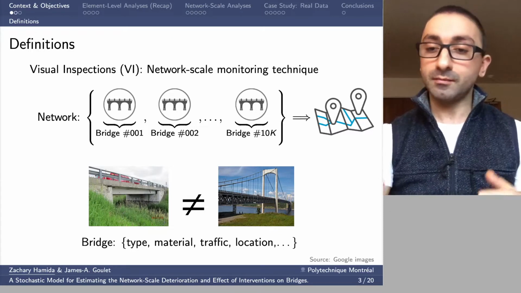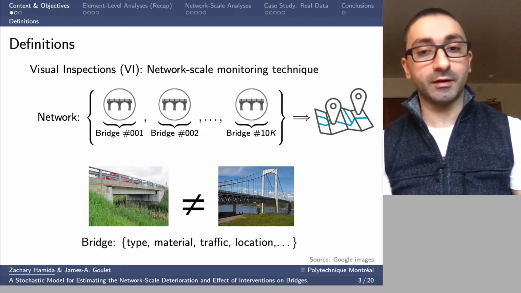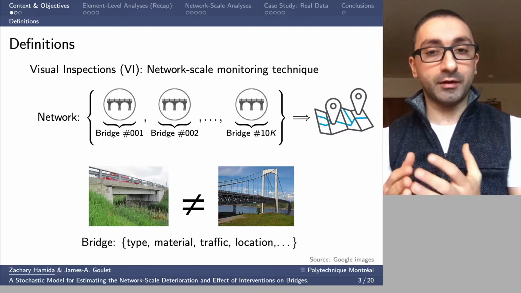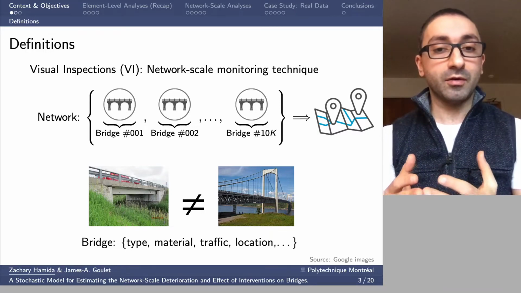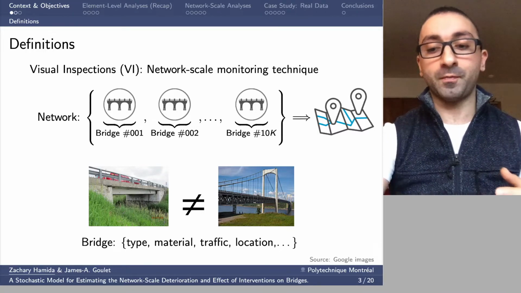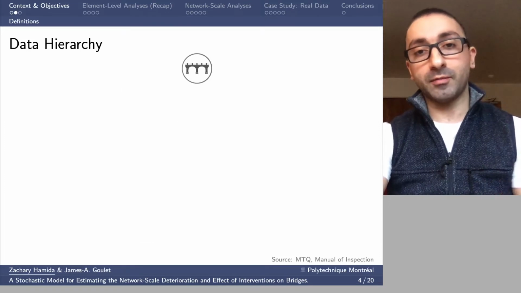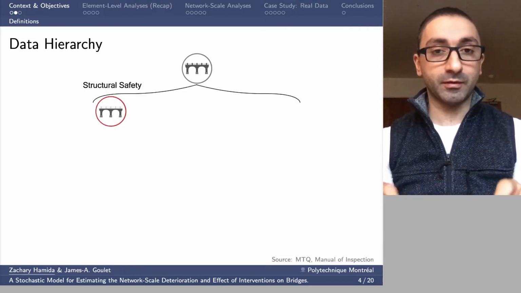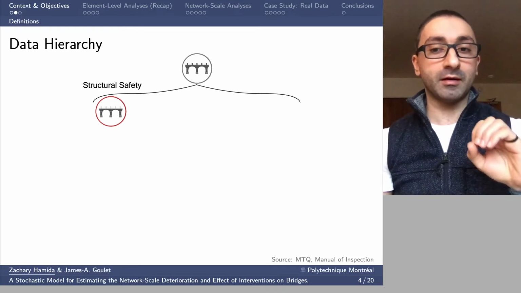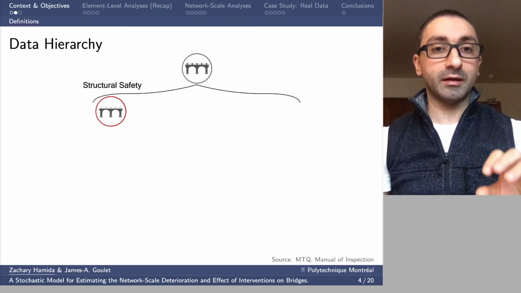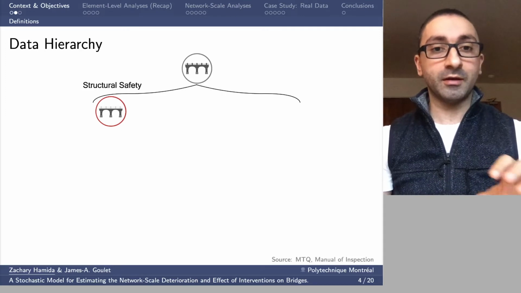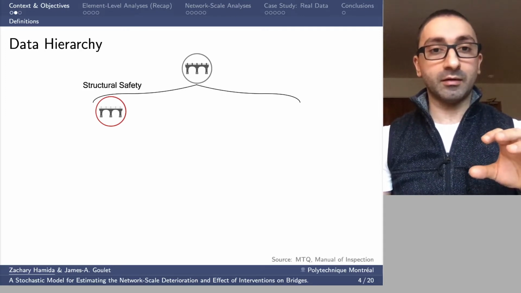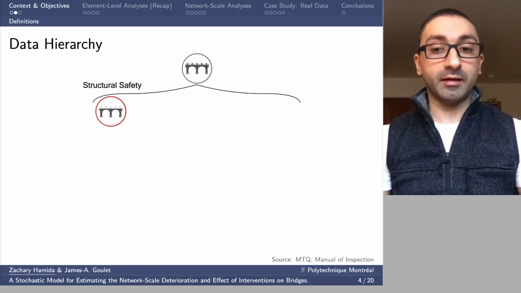Now, in order to have some intuition about how visual inspections are performed, we need to know what's within each bridge. So for each bridge, we have two main groups of elements. So we have elements that are directly associated with the structural safety of the bridge, such as the beams and the slabs.